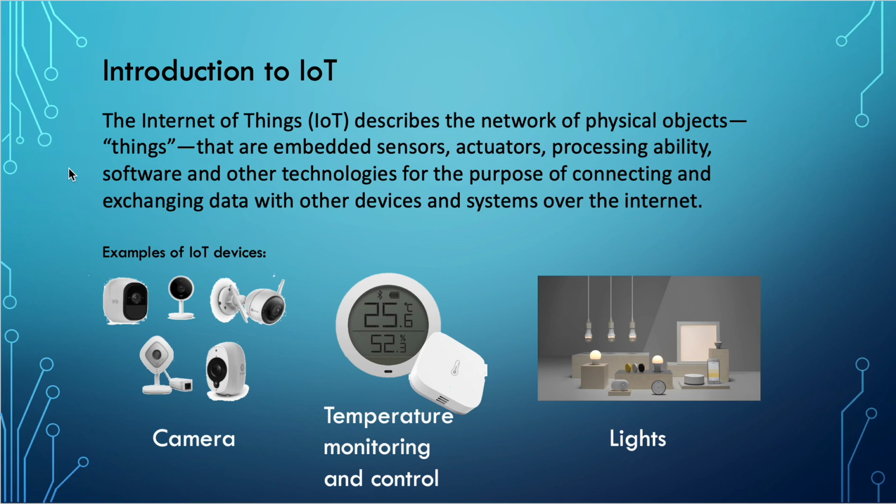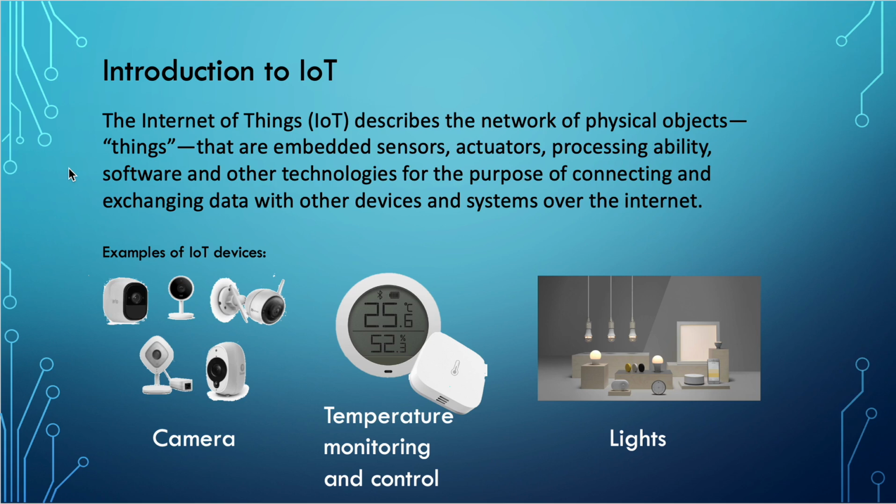The definition goes as: the Internet of Things, or IoT, describes the network of physical objects or things that are embedded with sensors, actuators, processing ability, software, and other technologies for the purpose of connecting and exchanging data with other devices and systems over the internet.